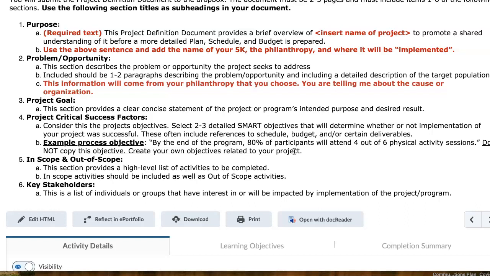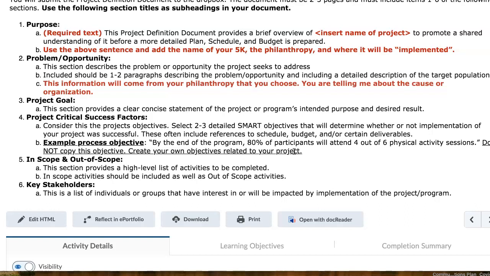This is a list of individuals or groups that have interest in or will be impacted by the implementation of your project or program. So when we think about my example with St. Jude, I want you to think through all of the people or groups who would be impacted by the implementation of the 5K at Shelby Farms. Who would be impacted?